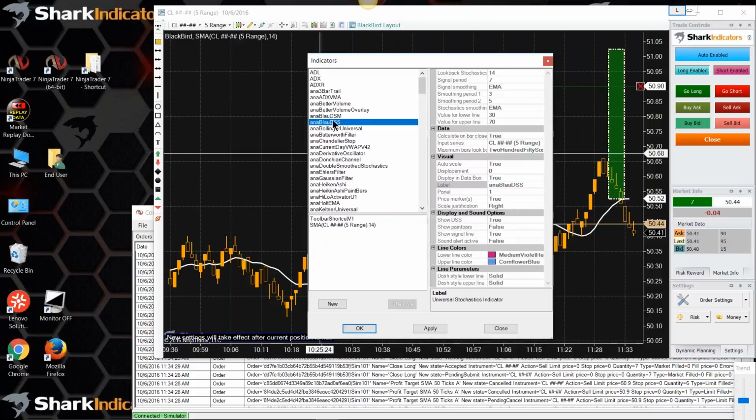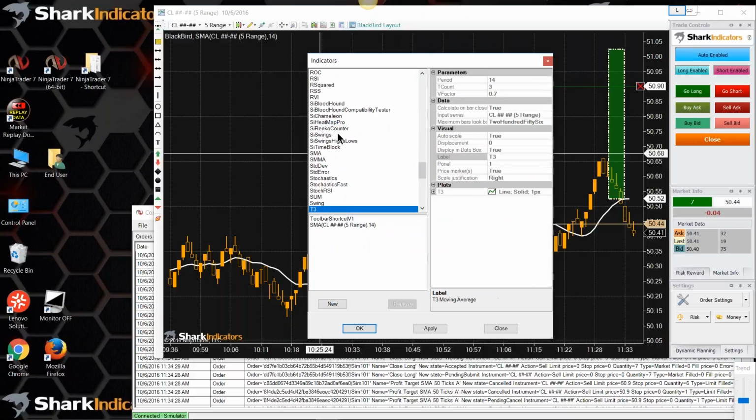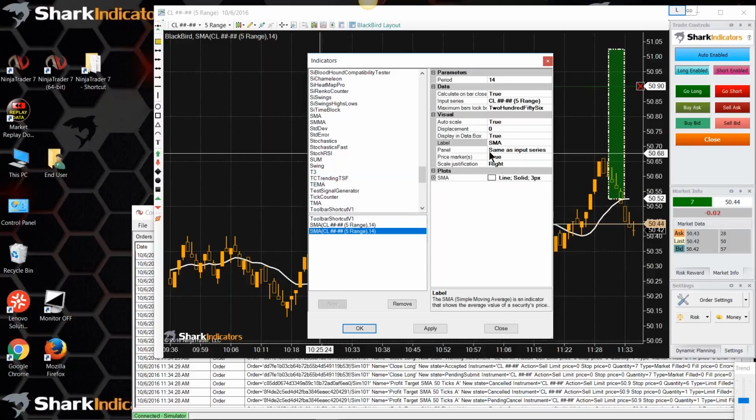I have a feeling that SMA 14 is somehow stuck in memory. Let's just find out here. Okay, there's an SMA 14.